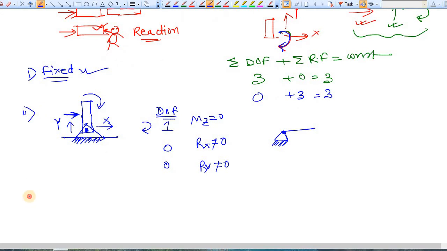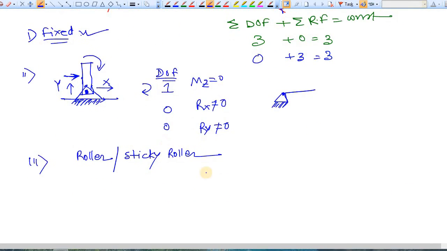The third support is this one, which is known as roller or sticky roller. Why? Well, roller means it will be something like a wheel rested on the ground, but it cannot move towards the y direction or upward.